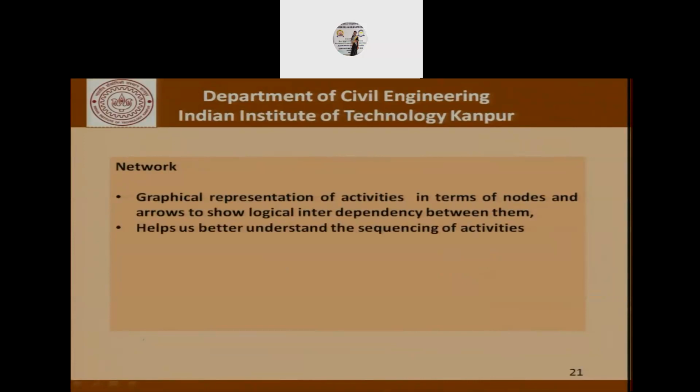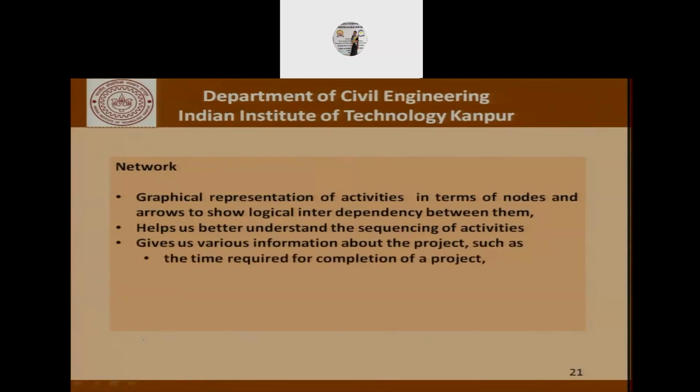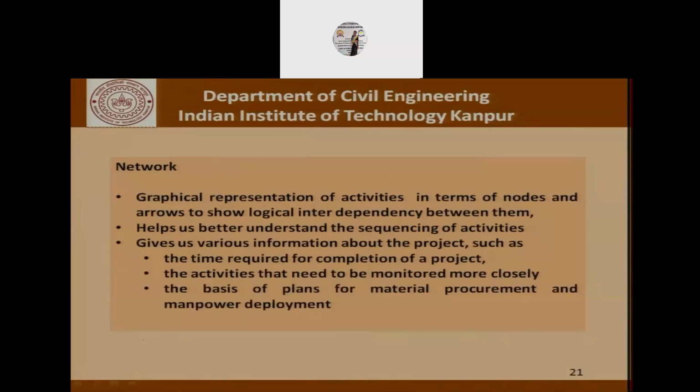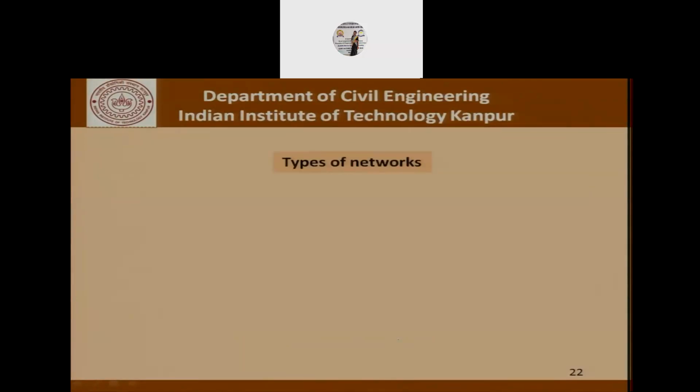The network helps us better understand the sequencing of activities and gives us various information about the project, such as the time required for completion of a project, the activities that need to be monitored more closely than other activities, and the basis of plans for material procurement, manpower deployment, cash flow, and so on. And of course, we can also use this concept to determine the probabilities of completing the project within a certain time.